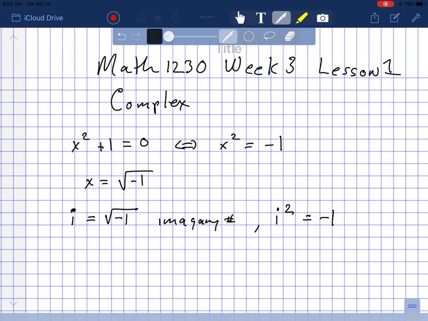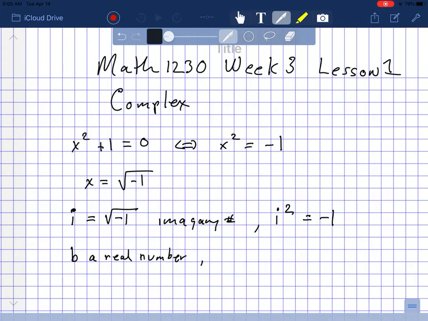Now, I can take i and multiply it by any real number. So if I have a real number, let's call it b. So this is a real number.